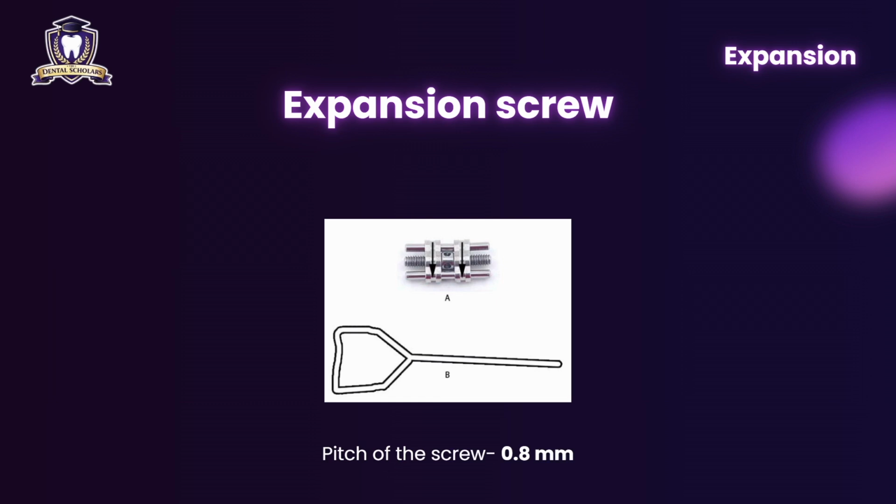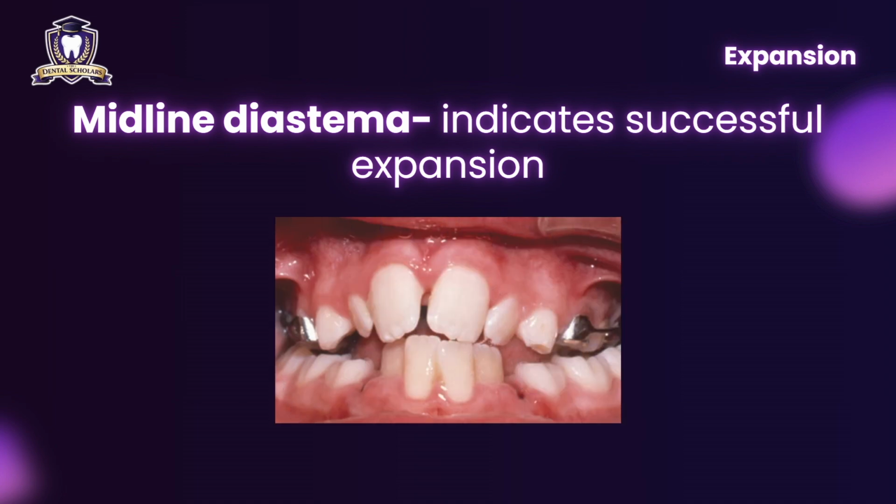So the pitch of the screw will be 0.8 mm. Basically, it is going to reflect the distance between two consecutive threads in the expansion screw. Once the expansion is done, the appearance of a midline diastema is going to indicate successful expansion.